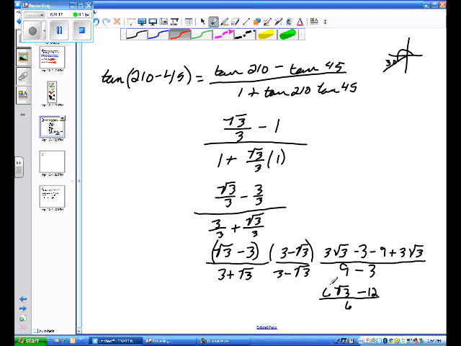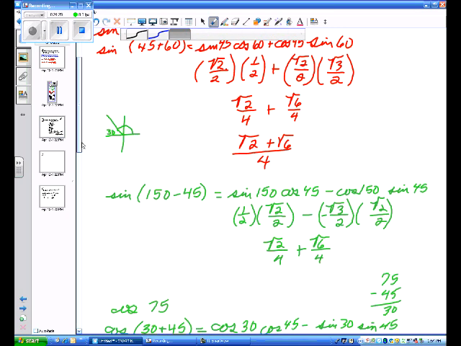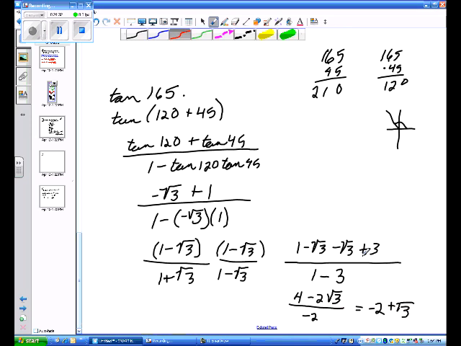And we can divide, so we end up with the square root of 3 minus 2. And if we go back to the other one that we had, negative 2 plus the square root of 3. So you can see we got the same answers, but this one was just a little bit easier.